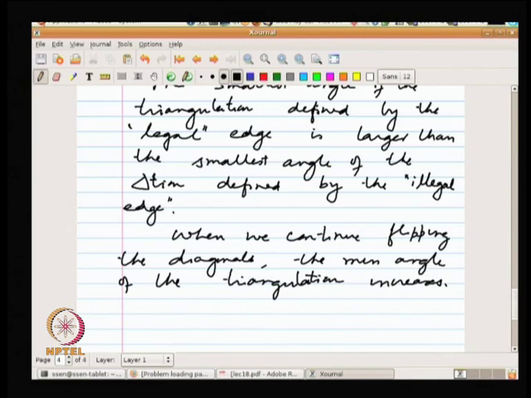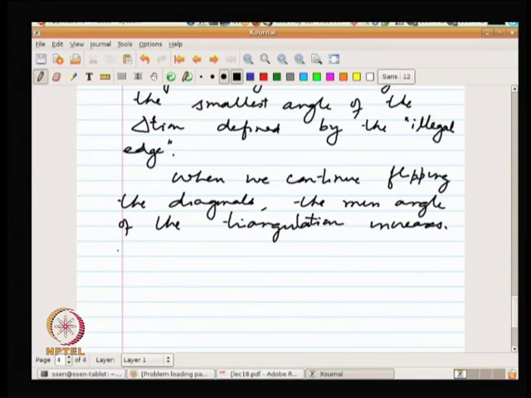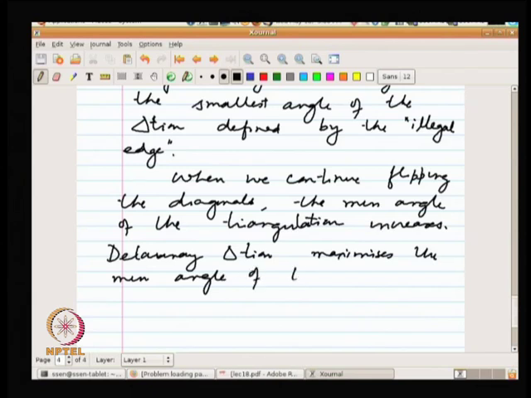In fact, Delaunay triangulation maximizes the minimum angle of the triangles among all triangulations.